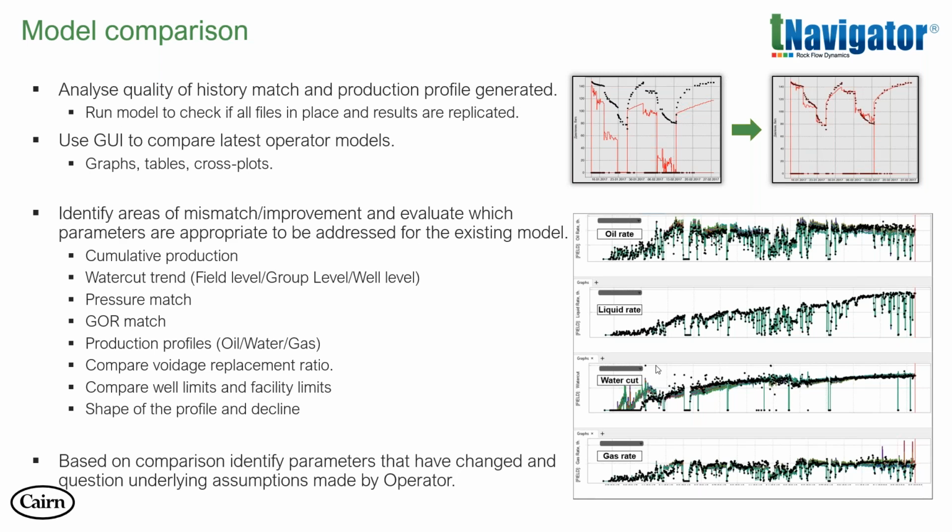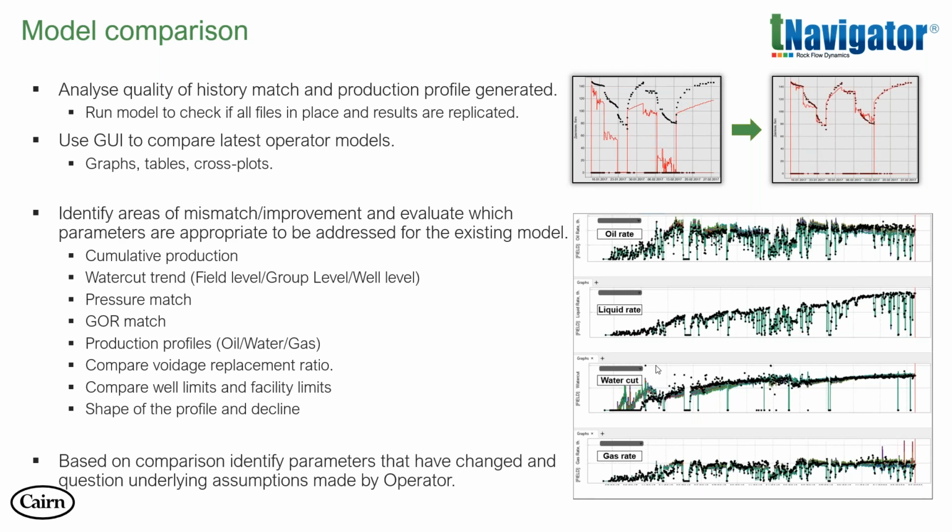I take a look at if you're lower or higher there, and check the quality on why that's happened. And in terms of the fields that we have, they are water flooded and have an underlying aquifer. So it's best to check the quality of the water cut trend, because that gives you a good indicator of how things are to begin with.